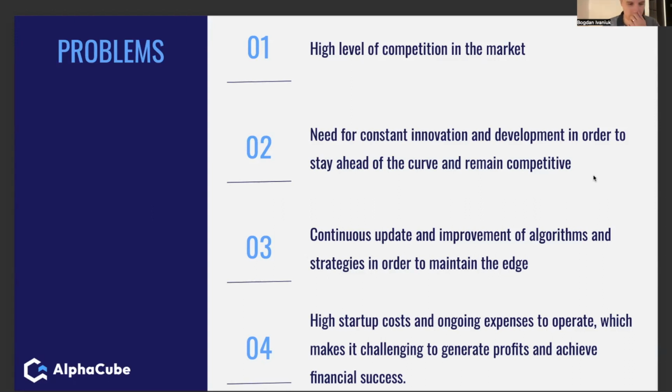Another problem we have right now in the algorithmic trading industry is that it is very difficult to enter this market, because you need to have some technique or some components or some strategies that will be better than other market participants. You should be a little bit better than the common market participant, because the market is actually a war, and if you win, somebody loses.